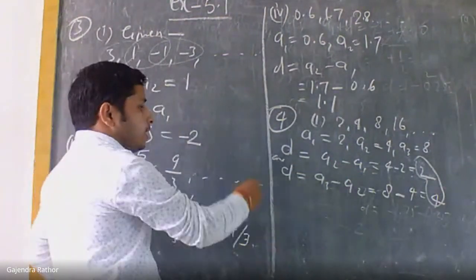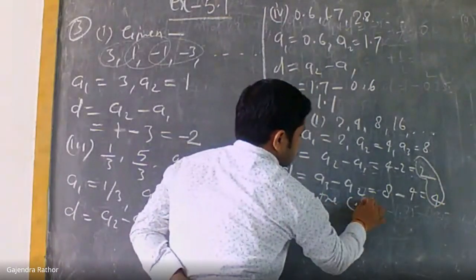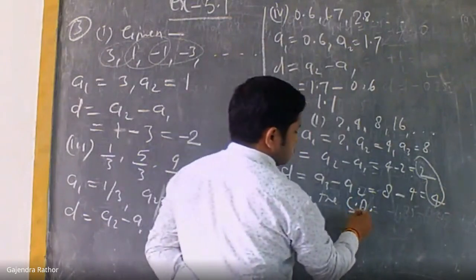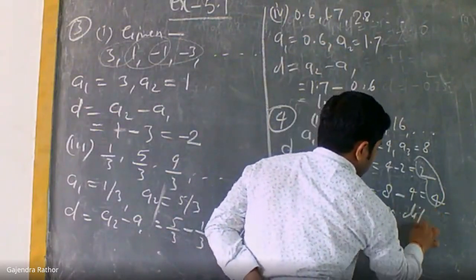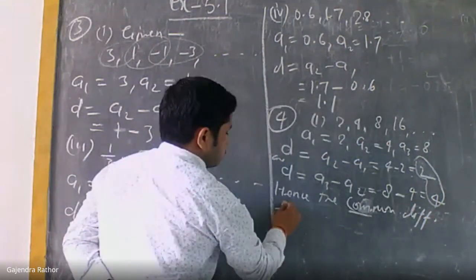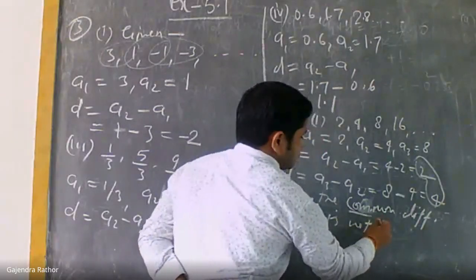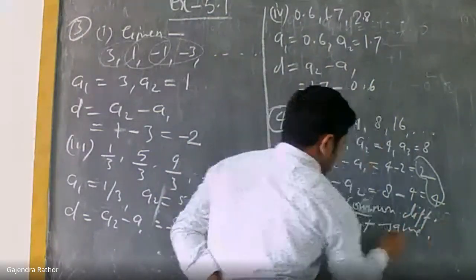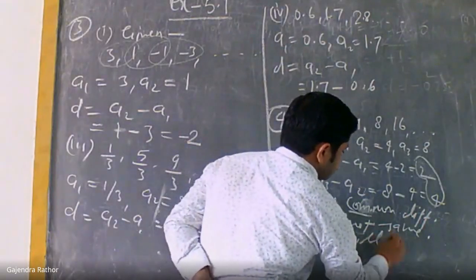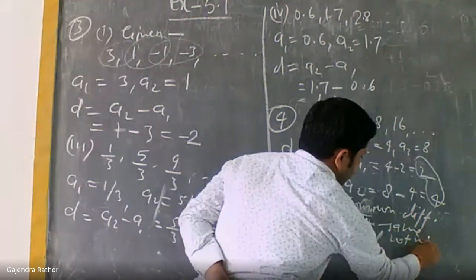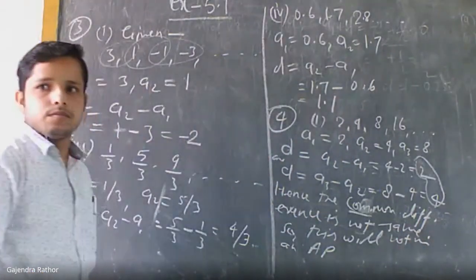So our answer is: hence the common difference is not the same, so this will not make an AP.